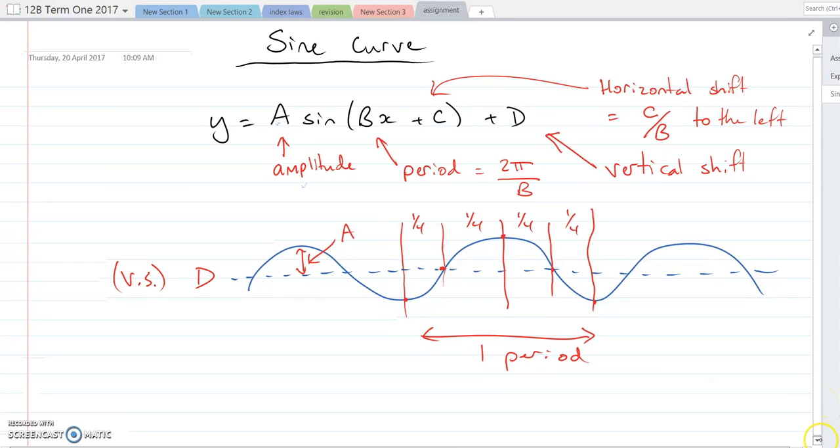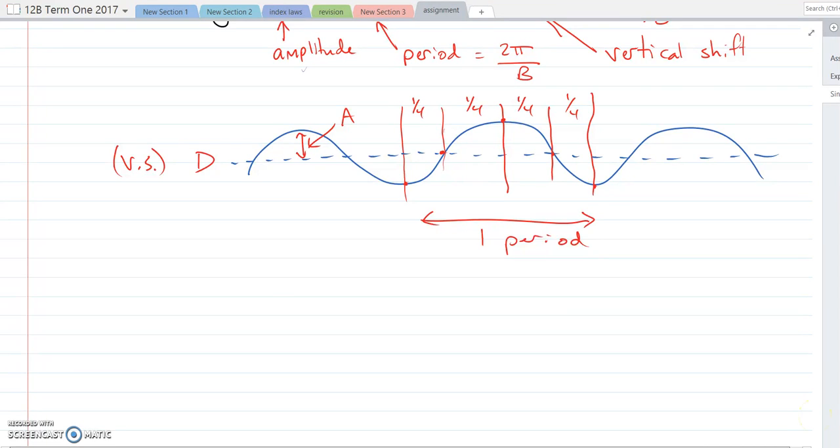So let's do an example. You might have just a part of a sine curve. For instance, you might have 2 points and a curve that just goes like that.